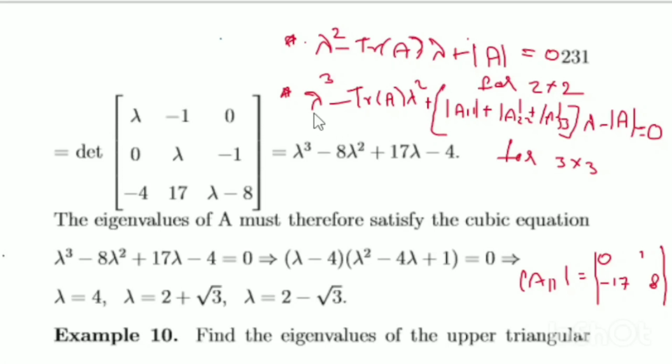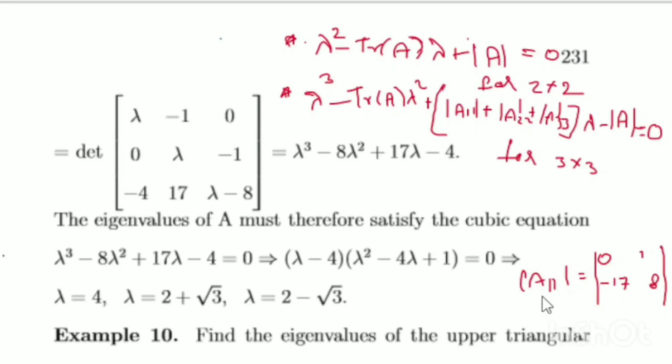For a 3 by 3 matrix, check it with lambda cube minus trace of A times lambda square plus the sum of the cofactors of A11, A22, and A33 times lambda minus determinant of A equal to 0.